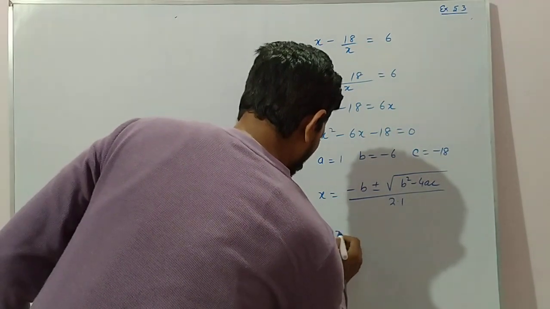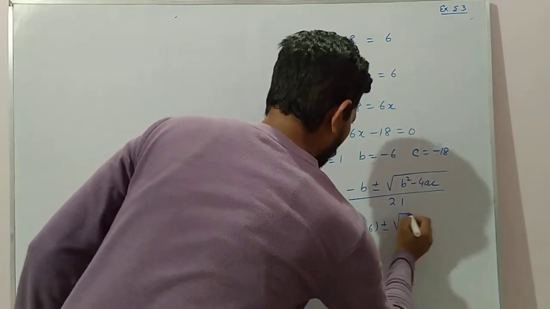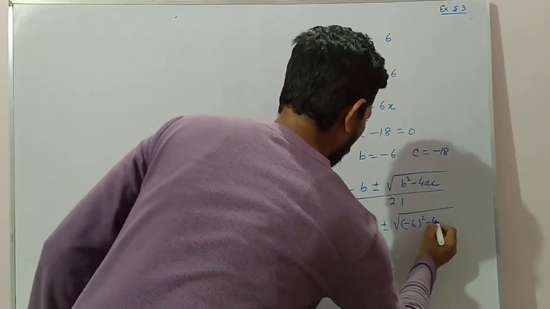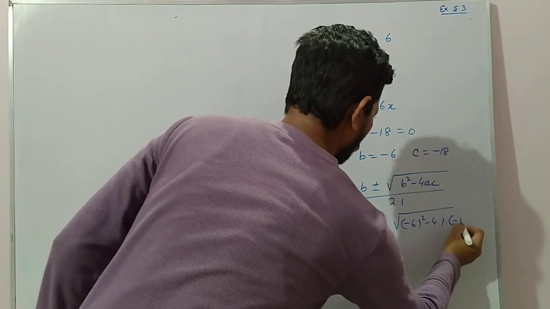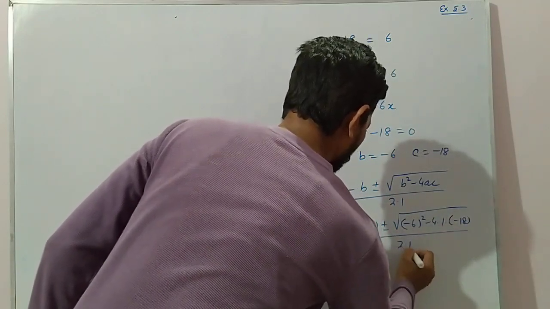So x equal to minus of minus 6 plus or minus root over minus 6 the whole square minus 4 into a into c, by 2 into a.